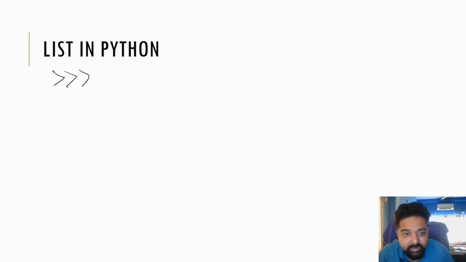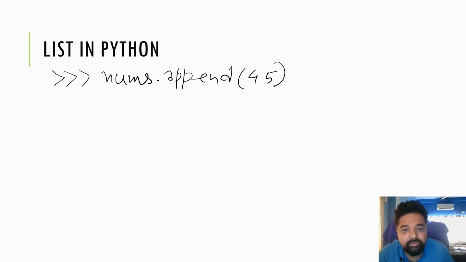If I write nums dot append in brackets, suppose 45, this 45 will be added at the end of this list.